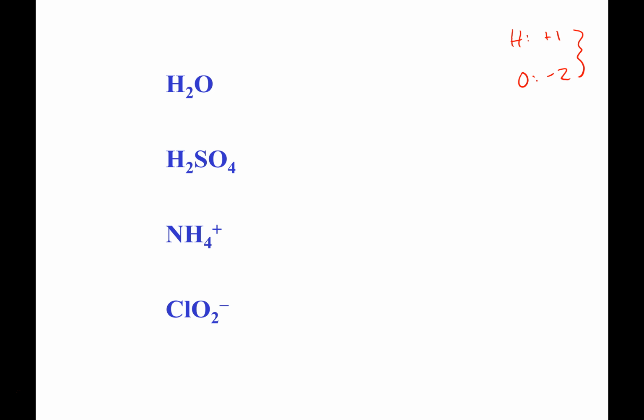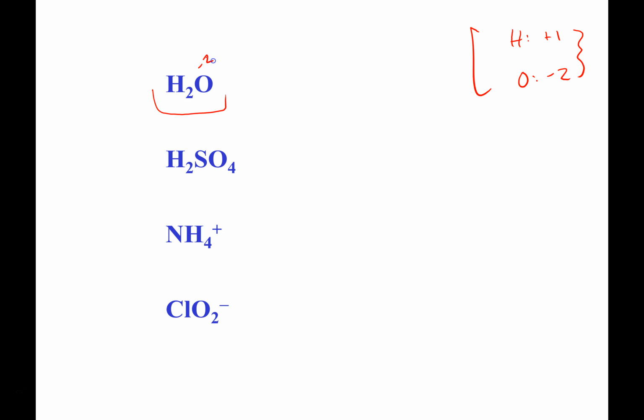So with NH4+, would that be an exception then? Nope. So what we do, and this is what we're going to do more of in Thursday's lab, is take that water molecule and go above the hydrogens and above the oxygens and say what its oxidation number is.